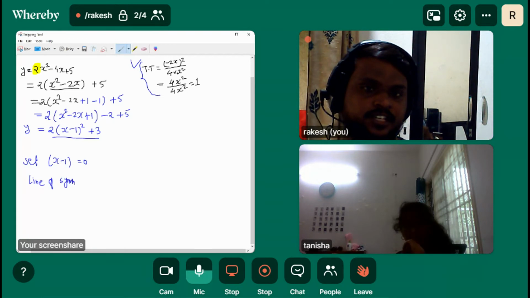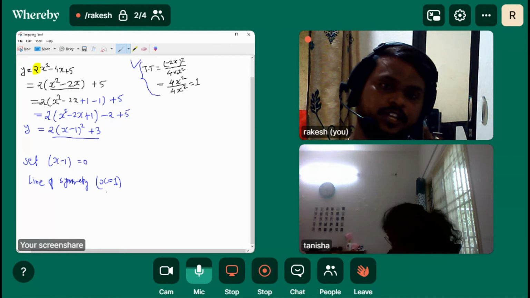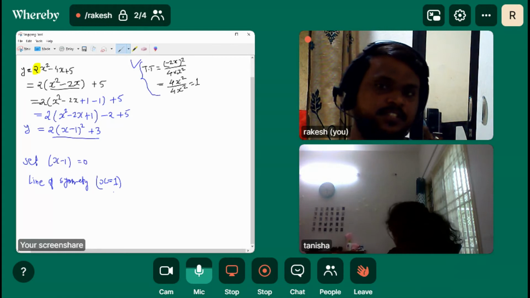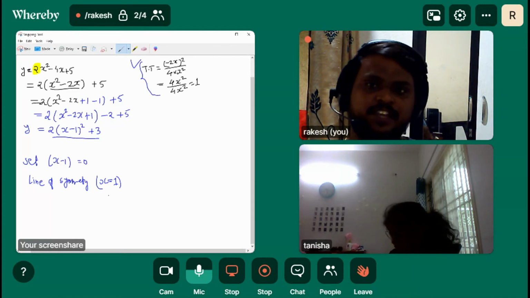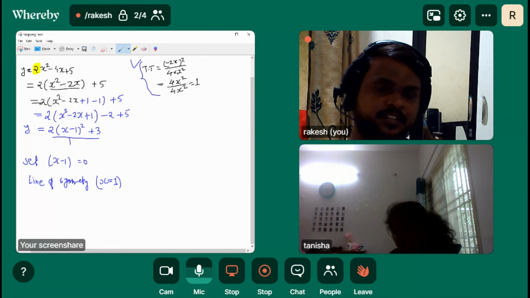Please verify if you understand this line of symmetry. Okay, I understood. So this line x is equal to 1 is basically a line of symmetry.